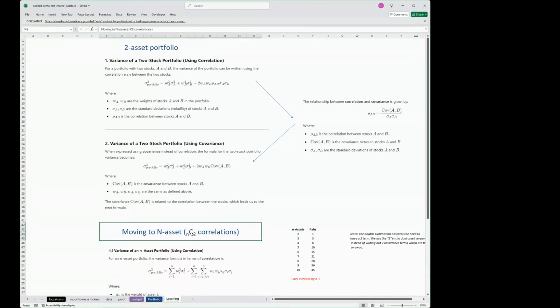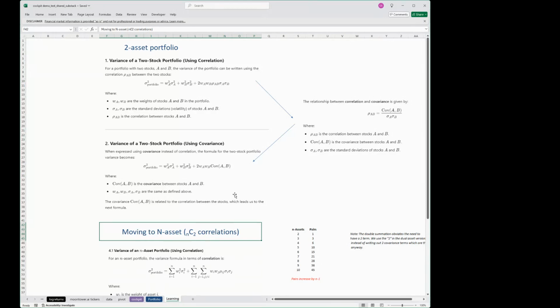It's just n choose 2. You can see the pattern here: as you add another asset, the number of pairs increases by n minus 1 from the prior number. So you're going to start getting a lot of terms.